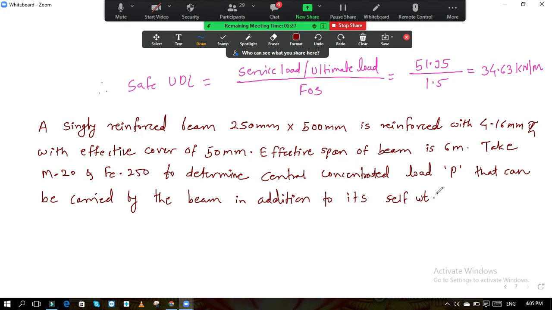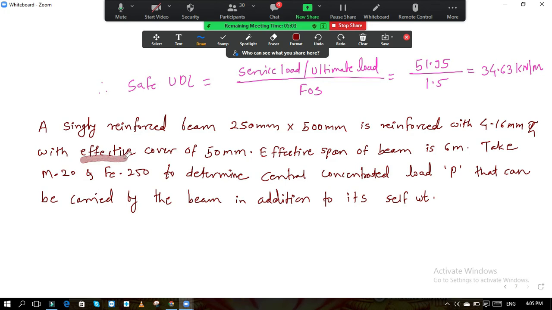So we will read the problem first and then we will solve. So what is the given data? The beam is 250 mm by 500 mm, reinforced with 4 bars of 16 mm. Here the effective cover is 50 mm. This is the point, you remember this.